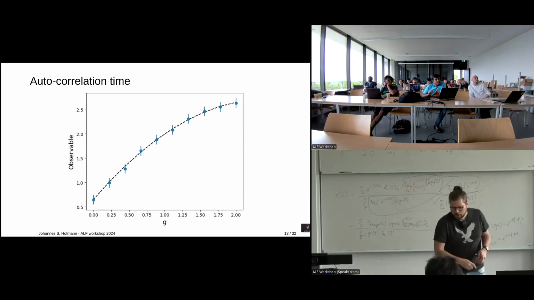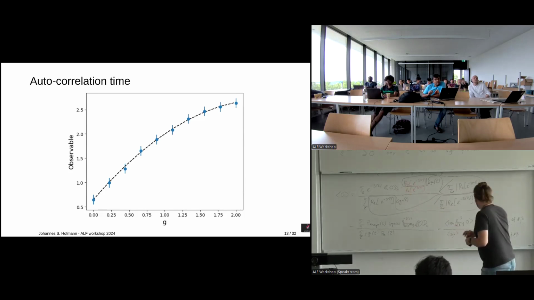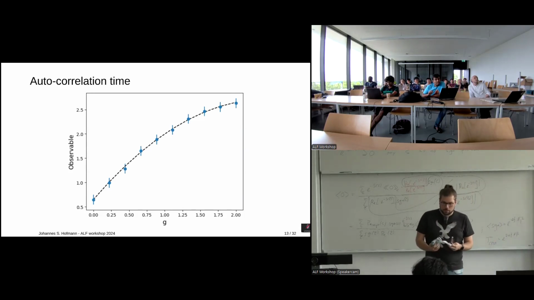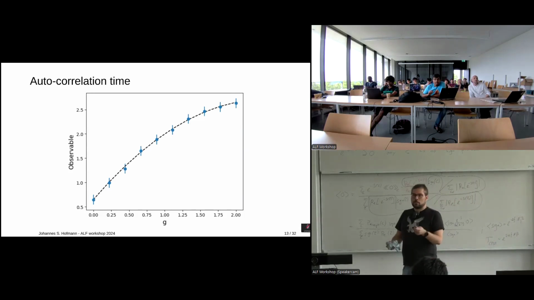One way this can be generated is if you have an observable that starts at some point with the random configuration you started out with, and it's off. You know that the actual result is, say, 10, but for the starting configuration, you have 100 for this observable.